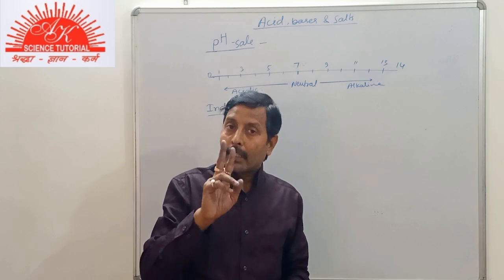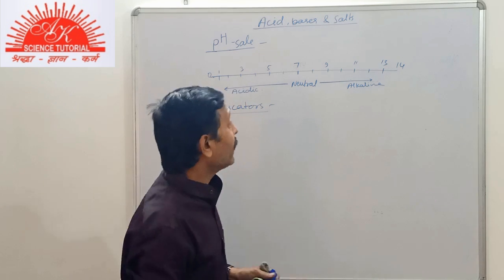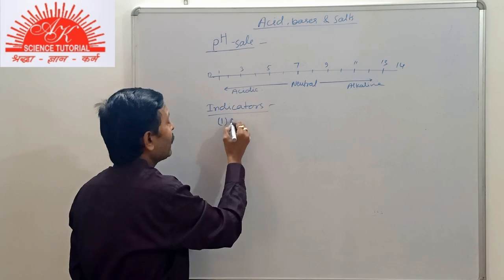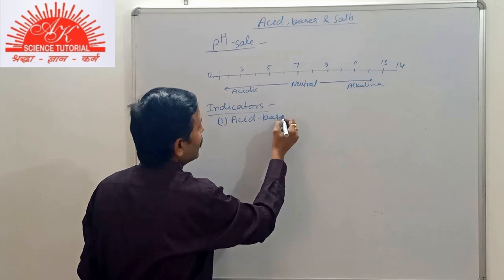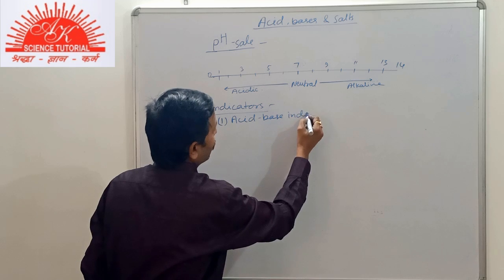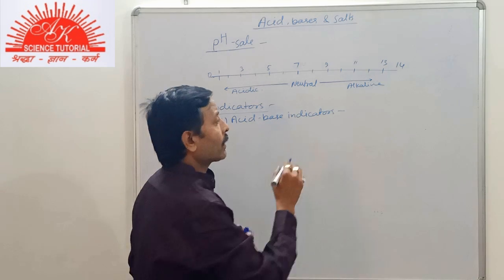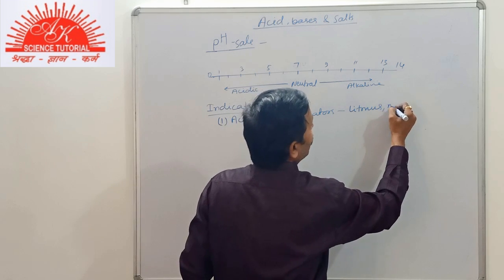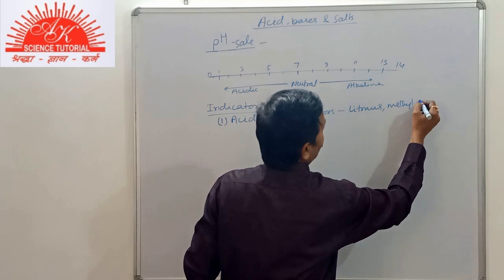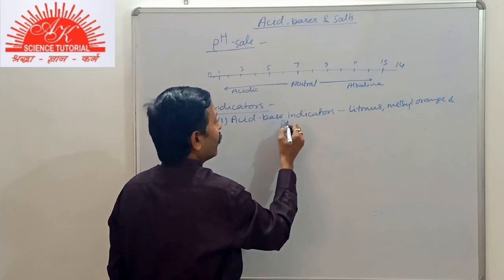Now, there are two types of basic indicators. One is called acid-base indicators. These indicators are like litmus, methyl orange, and phenolphthalein.